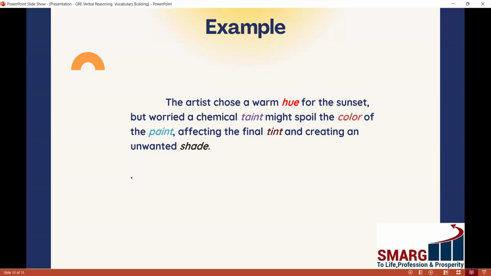So, very quickly, who will tell me what is the meaning of hue? Ma'am, can I? Yeah, sure, go ahead. I'm just assuming that it might be some sort of shade. But then why do we have shade in the sentence? Because he's describing the sunset.